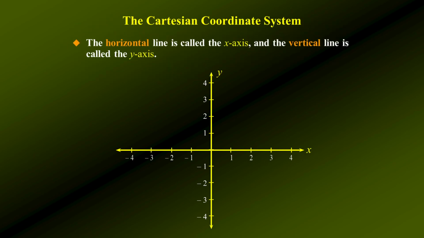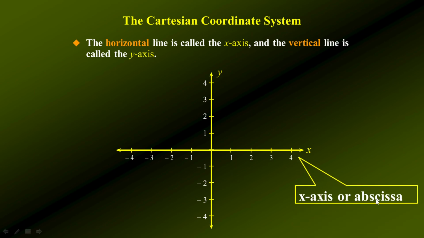The horizontal line is called the x-axis, and the vertical line is called the y-axis. So, ibig sabihin, yung nakahiga, this is called the x-axis. Ito namang nakatayo is called the y-axis.